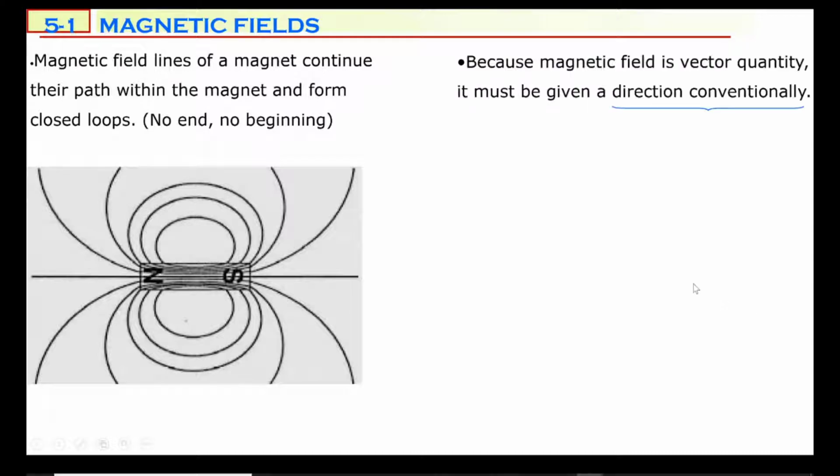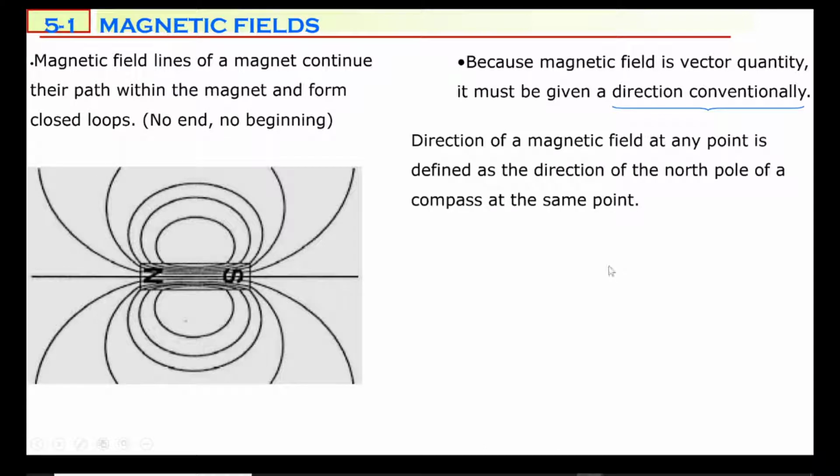When you locate a compass, the compass direction will show you the direction of the magnetic field at that point. Just like this, when I put a compass in here, as you see, the N pole, which is the red side of the compass, points in that direction. So the direction of the magnetic field at that point is indicated by the direction of the compass.